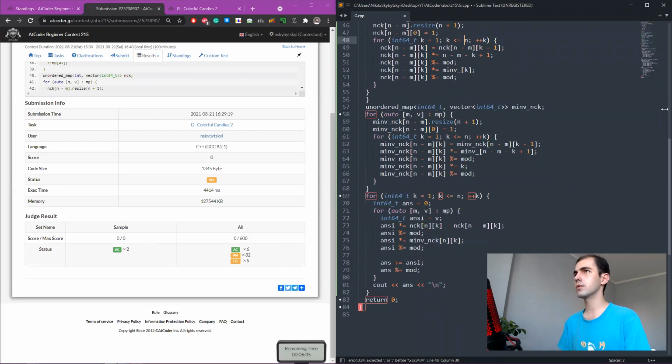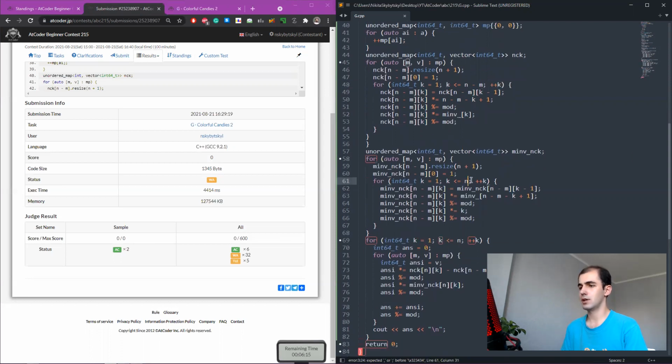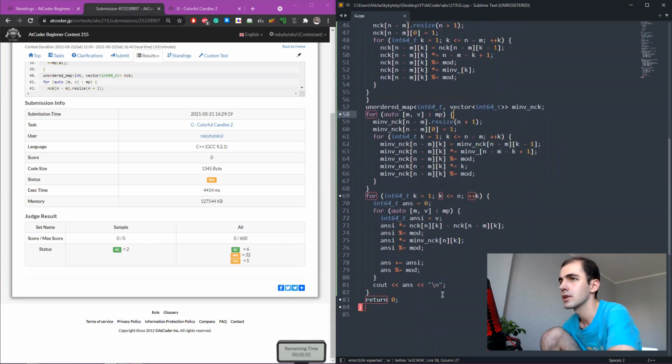Also, let's say that we'll loop up to at most n minus m. It doesn't really make sense to have k larger than n minus m. So this way, n minus m minus k can be 0, but this is at least 1, which is necessary for us to be able to take the modular inverse.